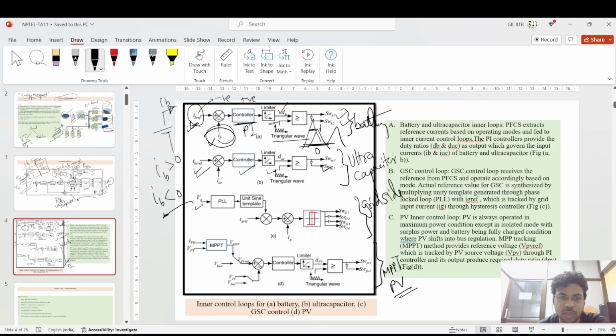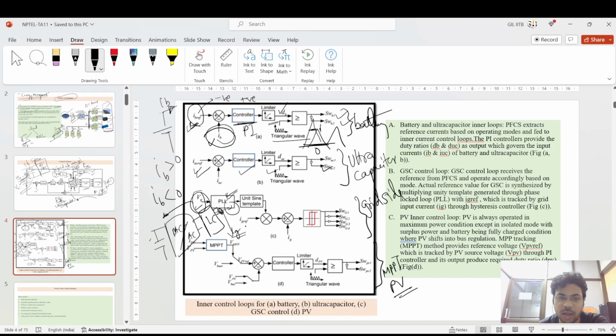The third is the VG, that is the grid side control of the inverter. Suppose this is a DC bus bar, then you have DC to AC conversion, then LC filters. After that, it is connected to the grid. This VG after the LC filter is monitored through the PLL for synchronization of all the pulses.